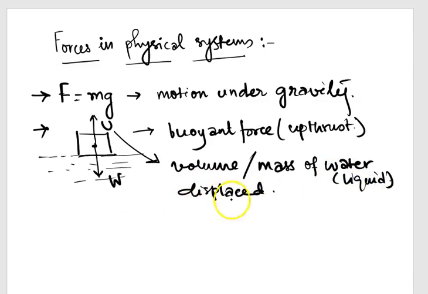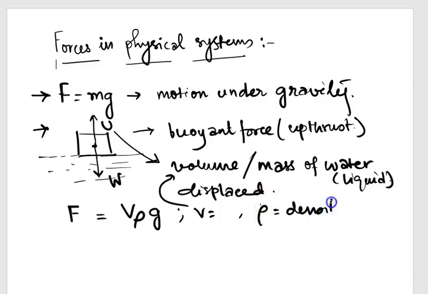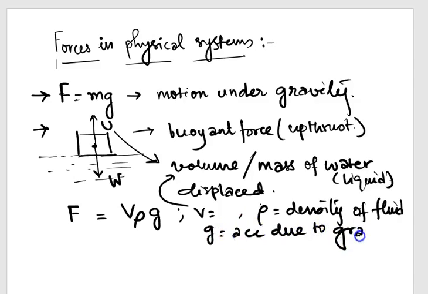So this force is actually given as V rho g, where V equals this volume that we are talking about, rho represents the density of the fluid, and g, of course, acceleration due to gravity.